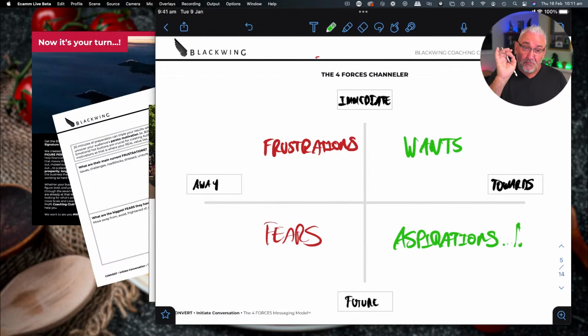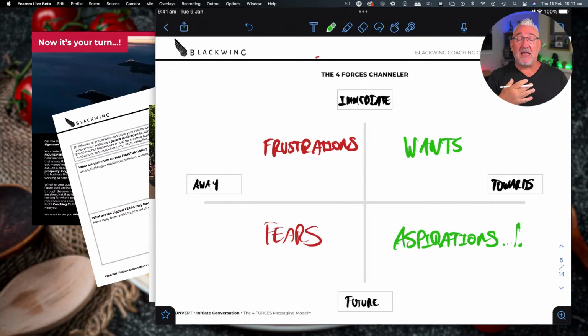Okay, really, really important that we get that. And here's the thing: you'll be the very first financial planner that's speaking directly to them about their problems, their frustrations, their fears, and you'll be able to show them the solutions that you've got to their short-term wants and their long-term aspirations. That's really what we want your marketing to do.